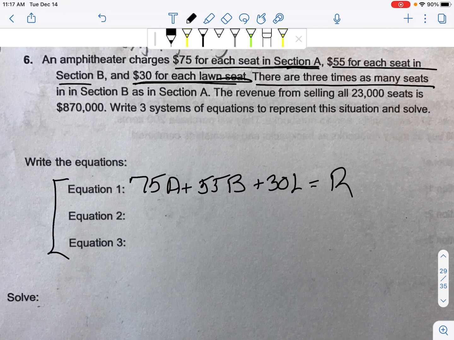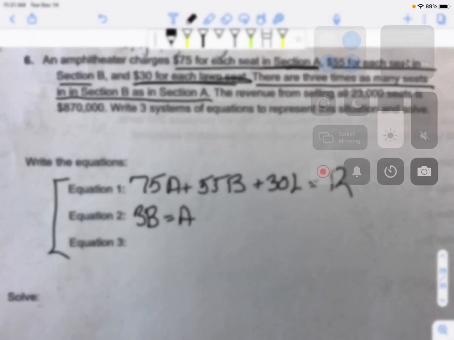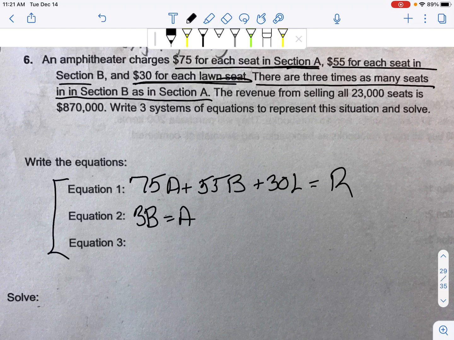There are 3 times as many seats in section B as in section A. Now what would be really easy to do here for our second equation is say, oh, there's 3 times as many seats in section B as in section A, so that means we would write 3B equals A. But remember, we are writing an equation, so we need the two sides to be equal.